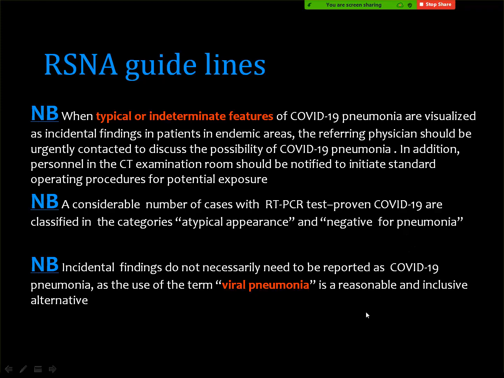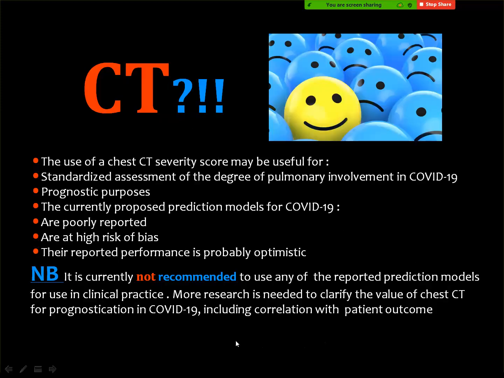You know that there are patients with PCR positive and negative CT chest. Incidental findings do not necessarily need to be reported as COVID-19, and you may just say that this is viral pneumonia until you are sure about the diagnosis, considering the laboratory findings, of course.